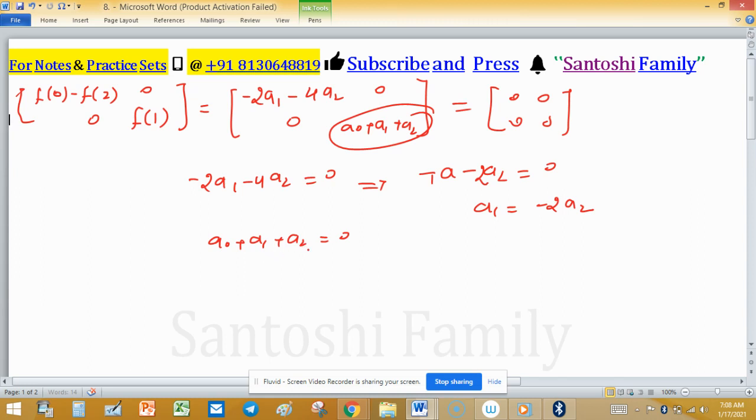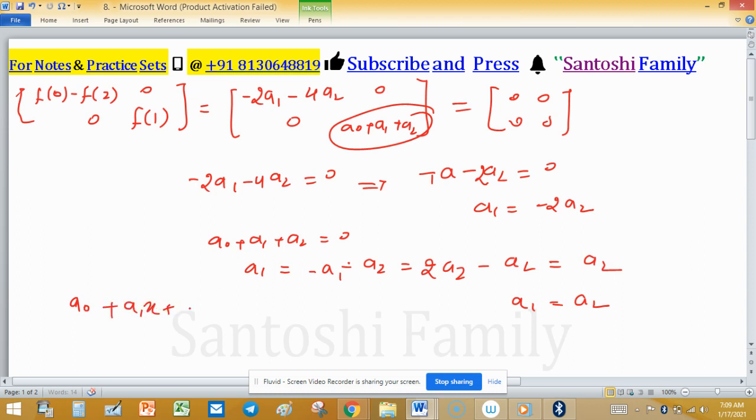So a2 is a free variable here. You can check if there is some calculation mistake.